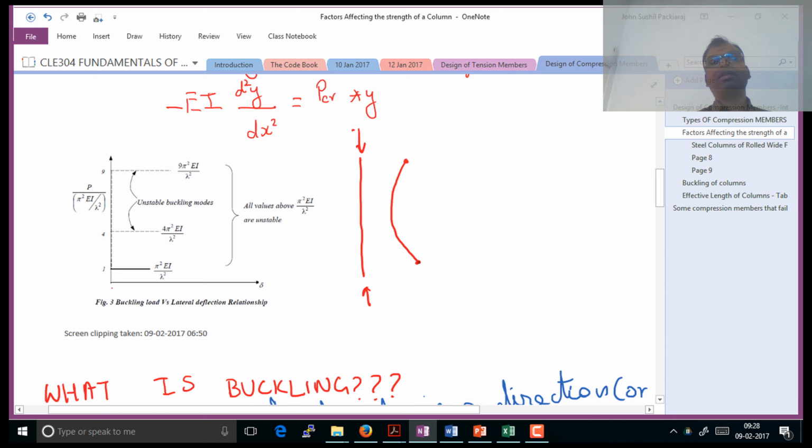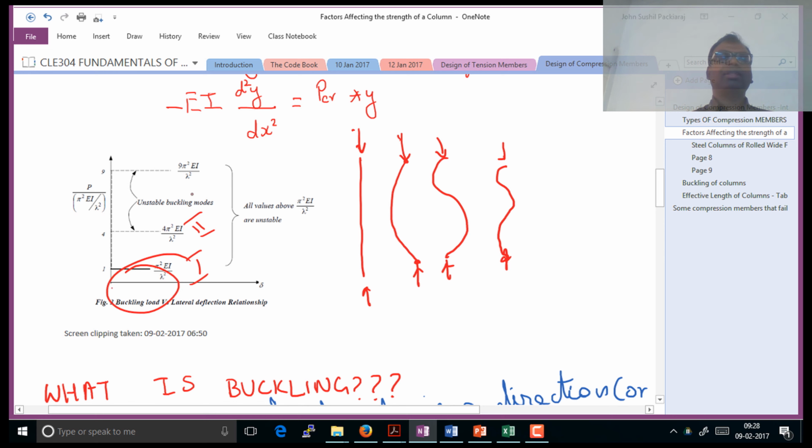It will take one bent shape. Then when it goes for the second mode of failure, it will take two bends. Then when it goes for the other one, it goes for a third bend, and so on. But the moment this condition is arrived, the column has already failed. So these subsequent cases happening is not practically possible.